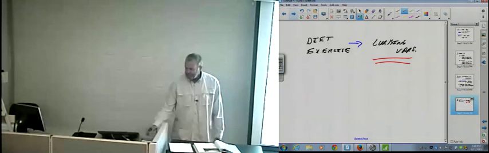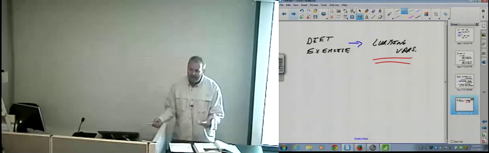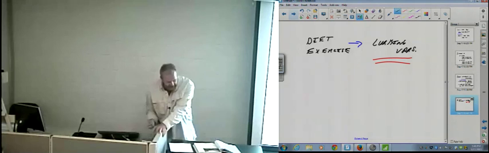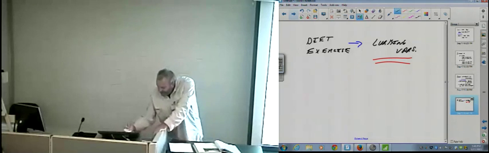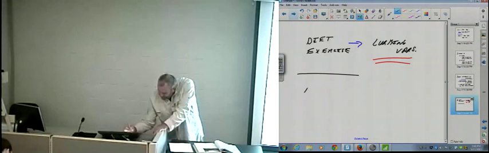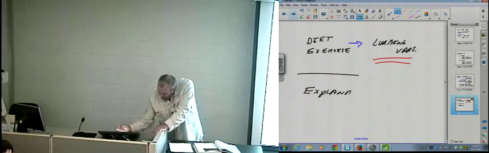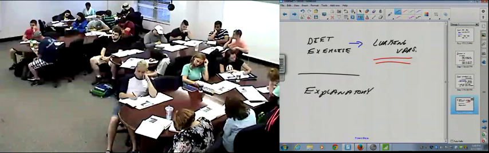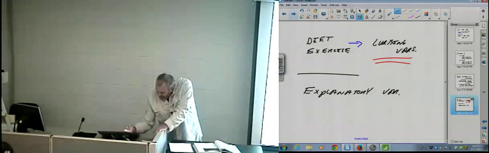Now, since we're dealing with two variables here, we need to talk about what's called an explanatory variable and a response variable.